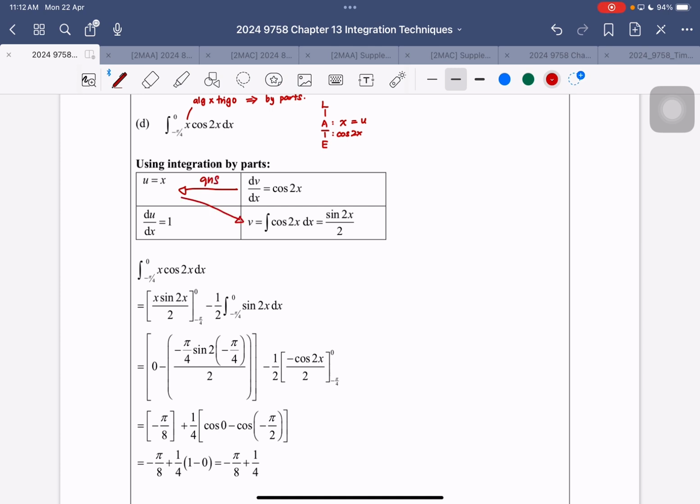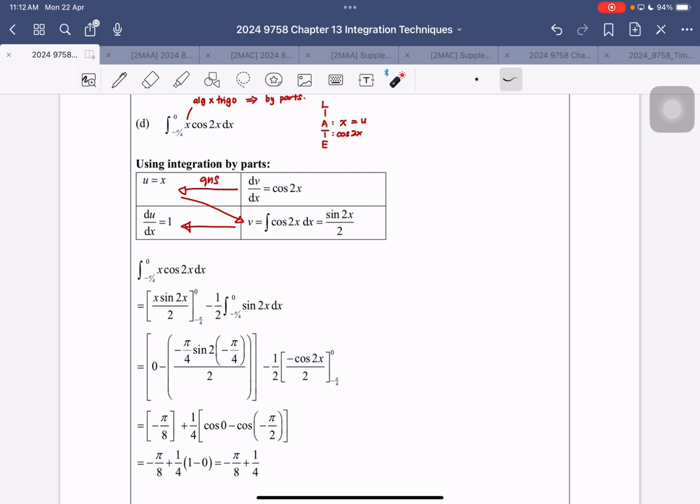This multiplied by this is your u times v, which is this term here. Then the one that you need to make sure is manageable to integrate is this one, v times du dx, because this is the term that you need to integrate.